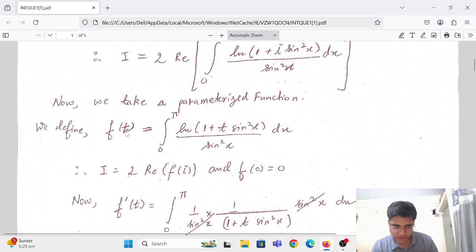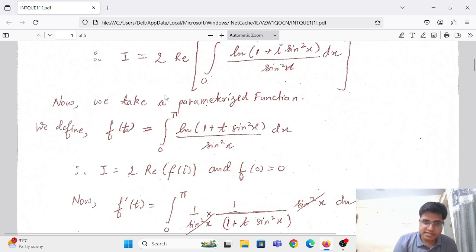So f of 0 is 0 is a standard result which we can obtain from this parameterized function, and the integral that we need to calculate is 2 times the real part of f of iota. That is, we replace t with iota, and whatever this quantity is, that is the answer for our integral.